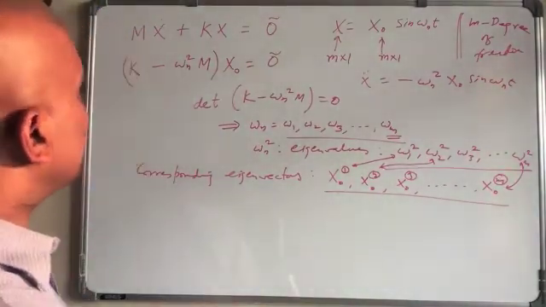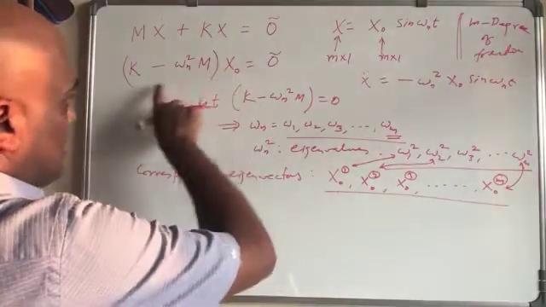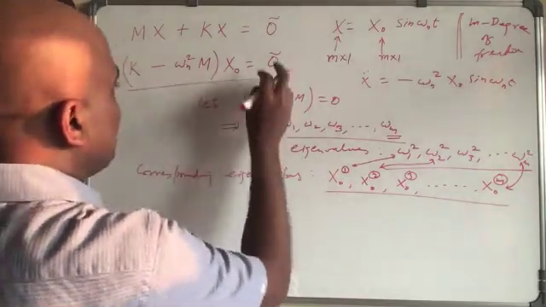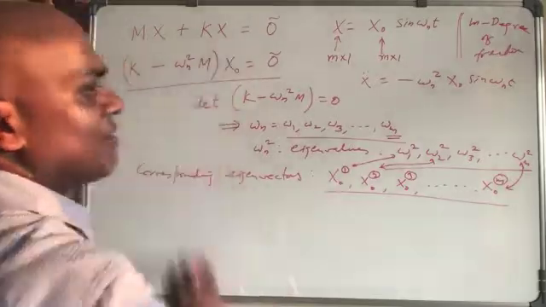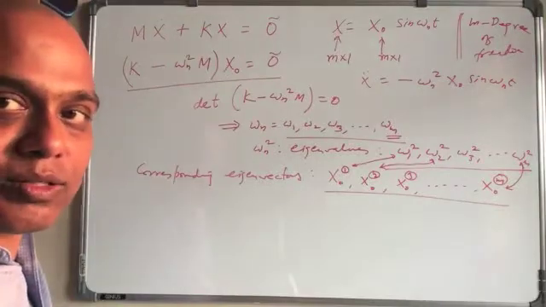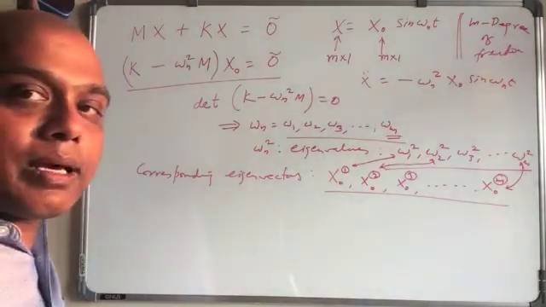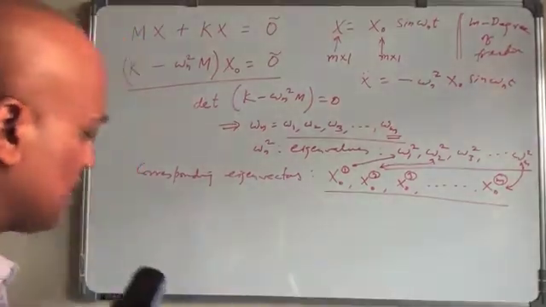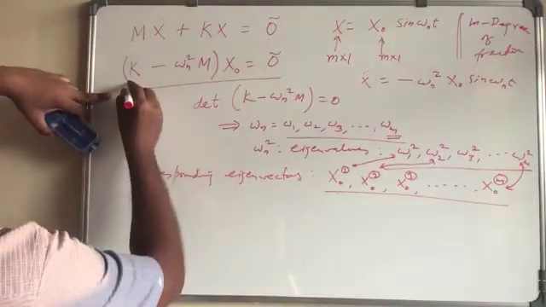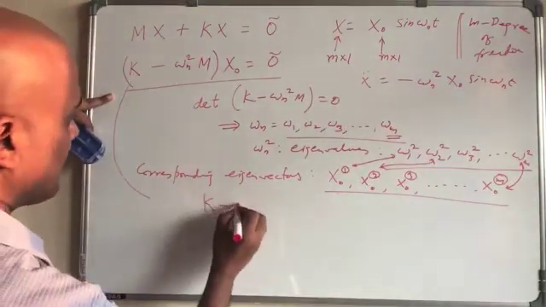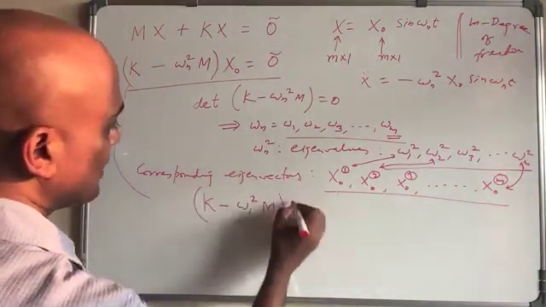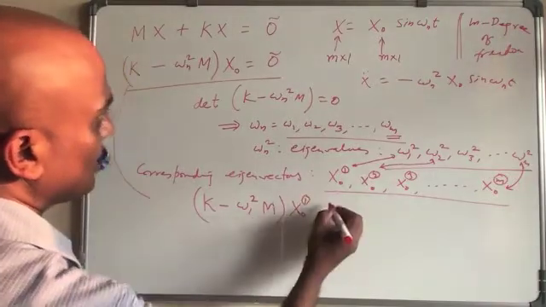Now, if this is the equation we are given, then there are some properties that we can find out. Okay, and the properties we are going to find out. The meaning of this is basically, put it here, k minus omega 1 square m, and then you put x naught 1, then this is equal to 0.